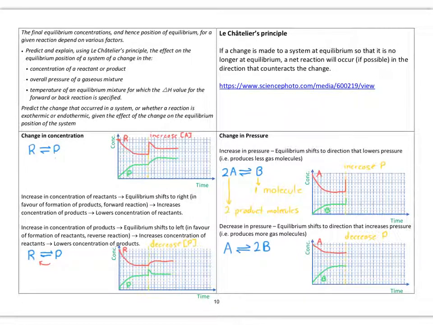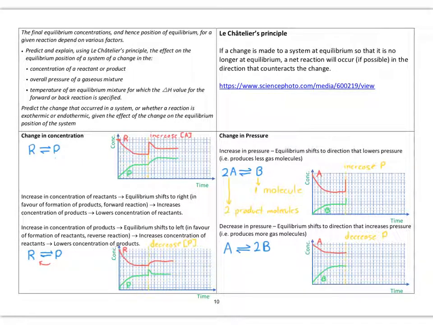Now, it's a bit neat what happens here. What this reaction will do is it will try to lower the pressure, i.e. produce fewer gas molecules. So if you can see, if this reaction goes in a forward direction towards the products B, that only gives us 1 product molecule. But if it goes in the reverse direction, that gives us 2 product molecules. So this reaction is going to want to go to the right, towards B, the products.